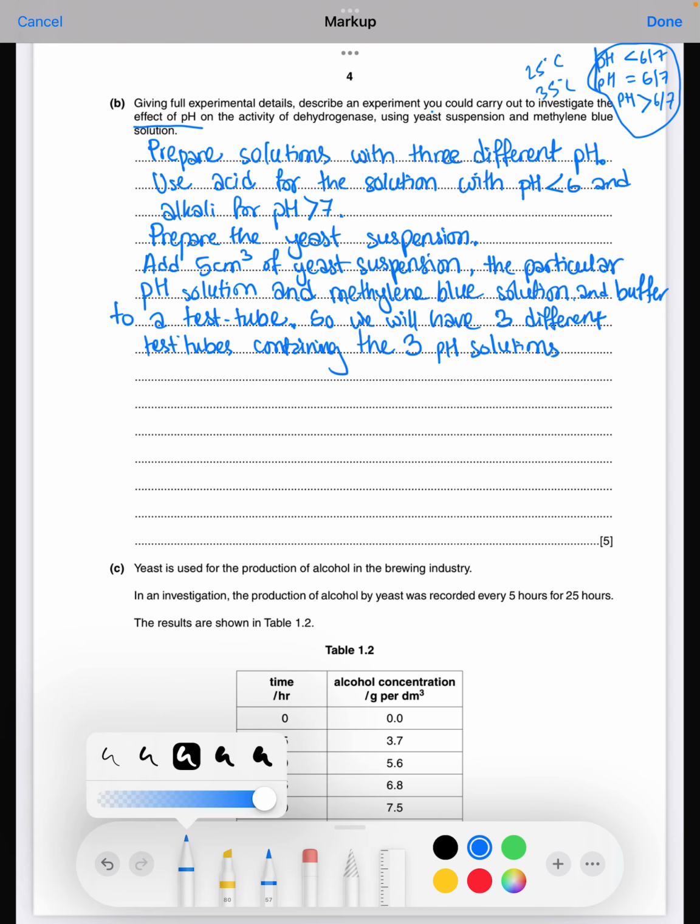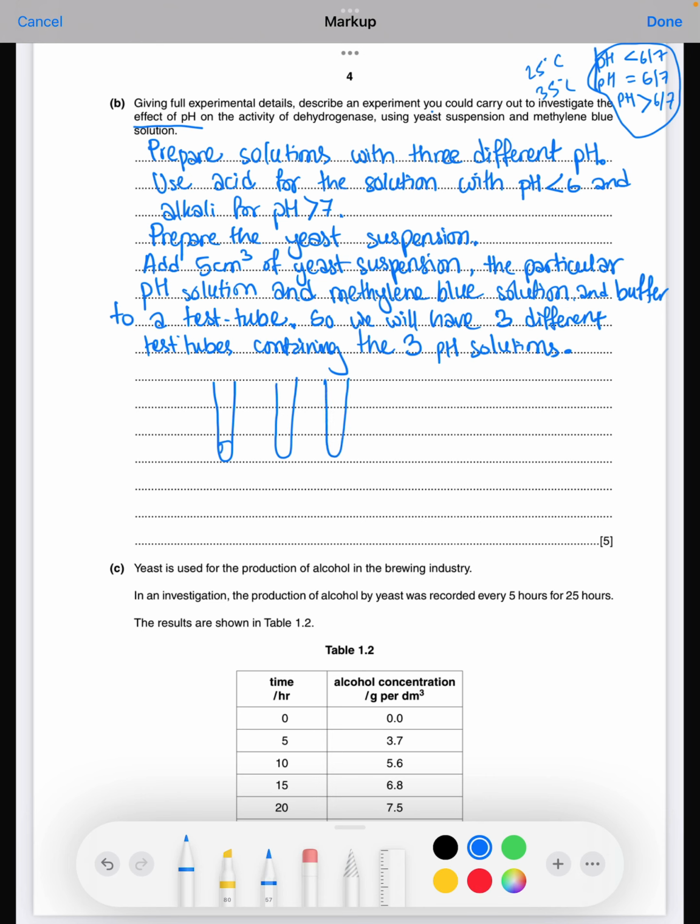Okay, now I'm going to draw my 3 test tubes because I always tend to draw my experiments. So we have this, this, and this. Let's give it a different color. Okay.